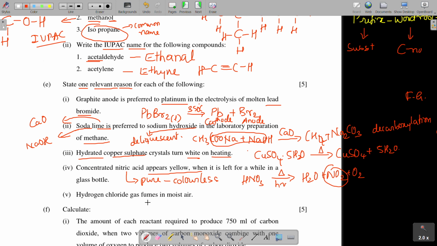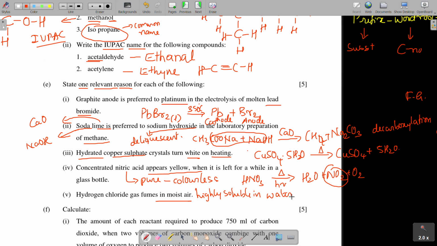Hydrogen chloride gas fumes in moist air. Very simple. You should know the nature of hydrogen chloride. Hydrogen chloride is highly soluble in water.